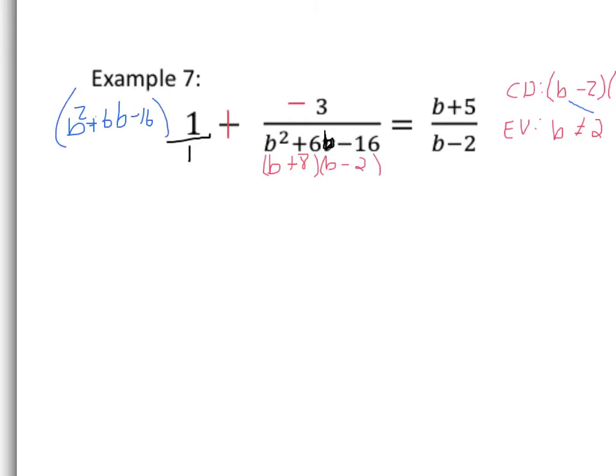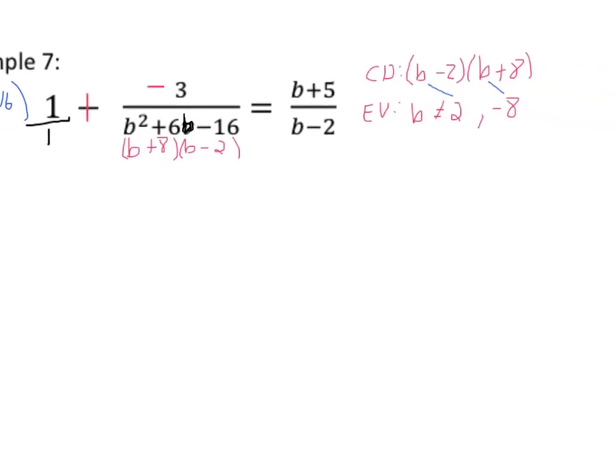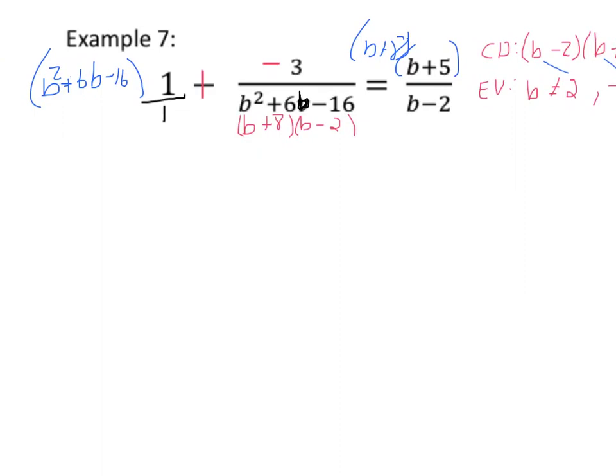The second fraction has everything it needs. The last fraction has a b minus 2, but it needs a b plus 8. Okay, so now our next step would be to rewrite this.